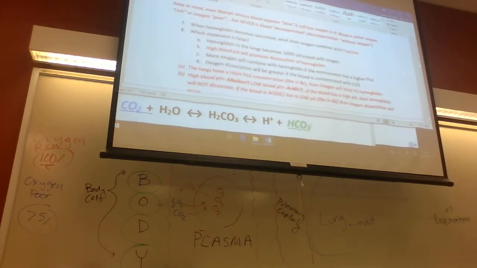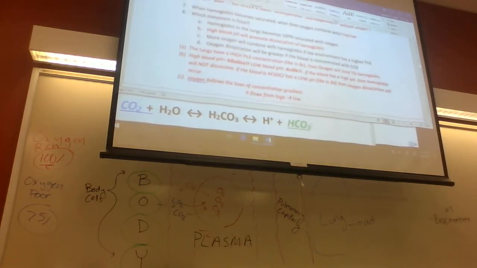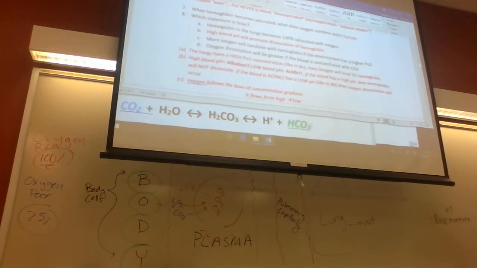Another thing too is, this is like a soapbox thing. Blood is never deoxygenated, it is always oxygenated, either oxygen rich or oxygen poor. You always have oxygen in your blood, so just keep that in mind. When hemoglobin becomes saturated, so saturated means when it becomes more concentrated, I guess.